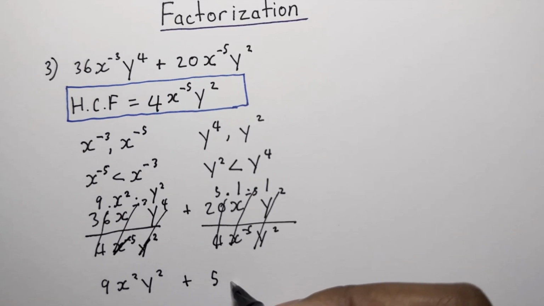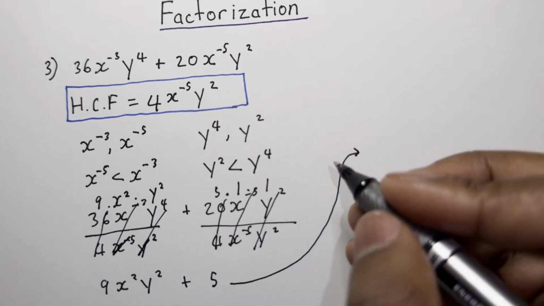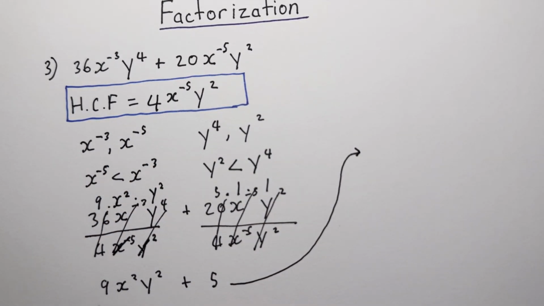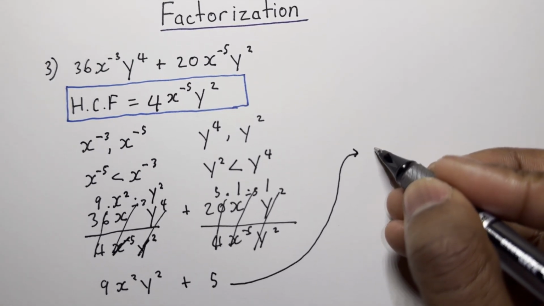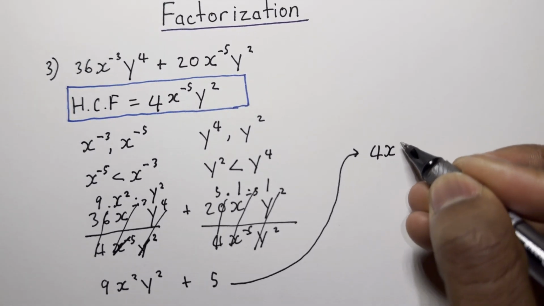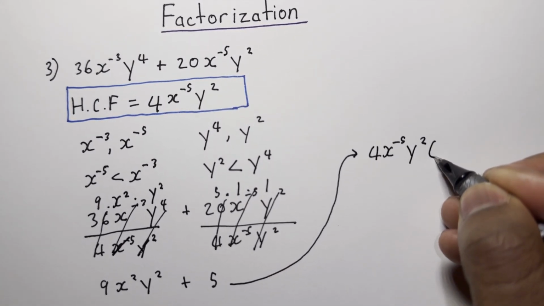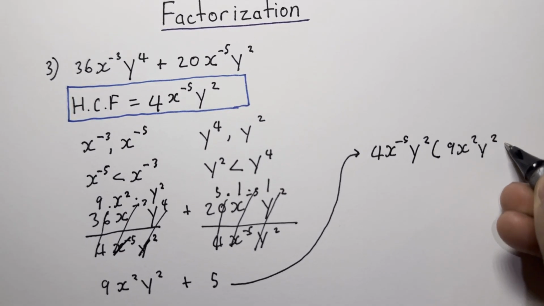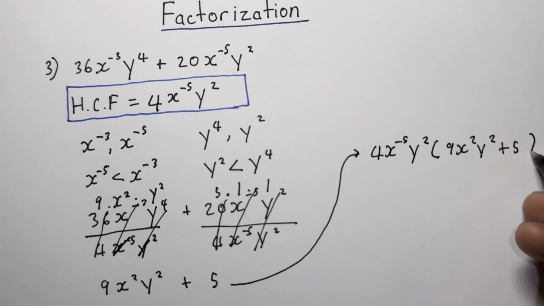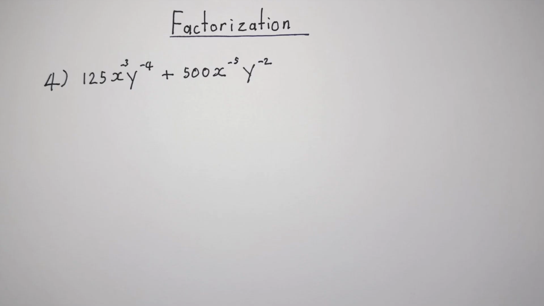Our answer is correct when we include the HCF before this. So our HCF is 4x to the negative 5 y squared. Now 9x squared y squared plus 5. Great. Now go ahead, pause the video and attempt this problem.